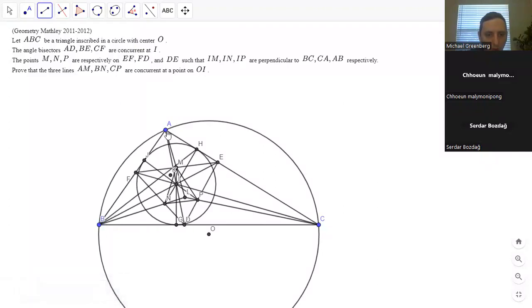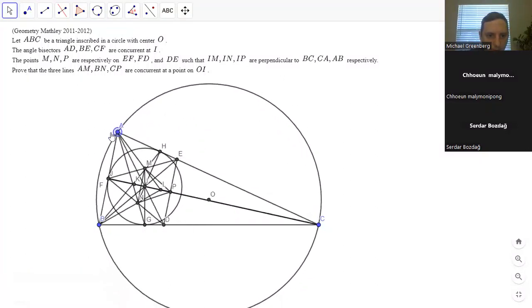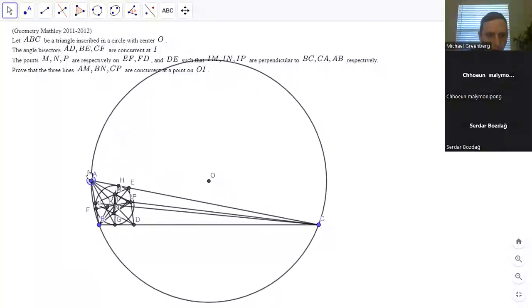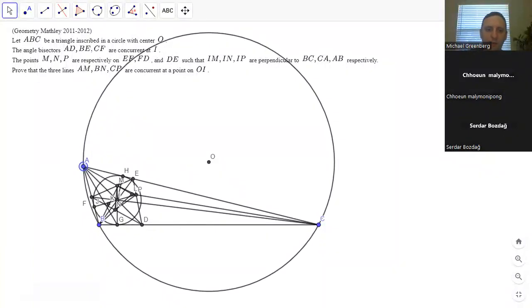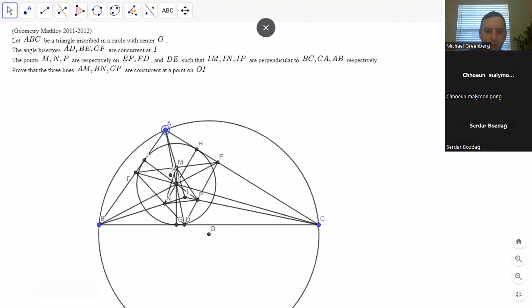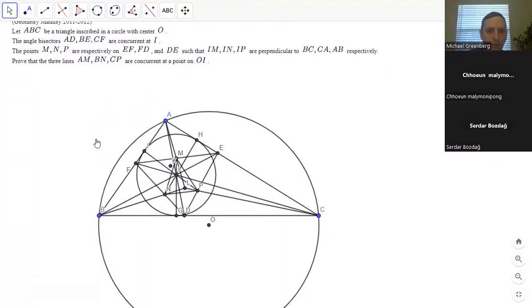No. I don't understand why it looks like it lies on AG, but if I make it obtuse, then it's clear it doesn't lie on AG. Okay, it's just very close.